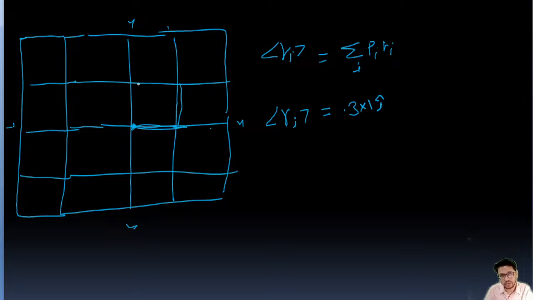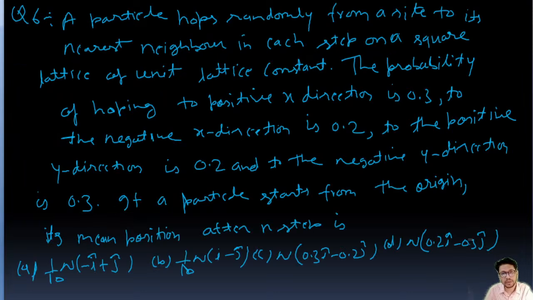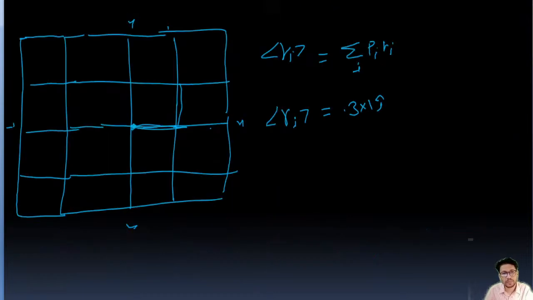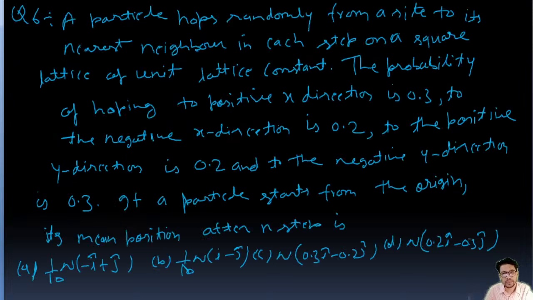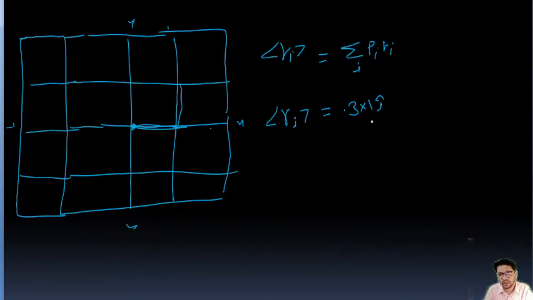It is a square lattice of unit lattice constant. Then in the negative x direction the probability is 0.2 and 1 minus i cap direction, so we have to take care of direction.